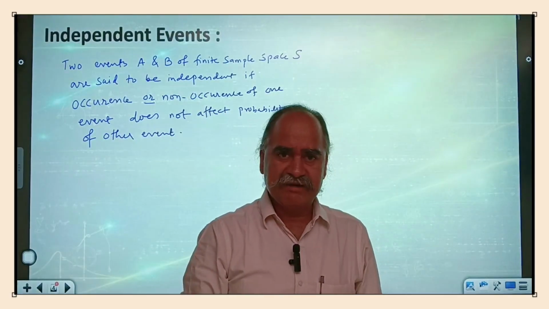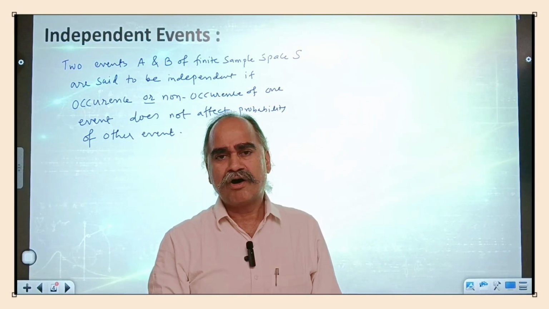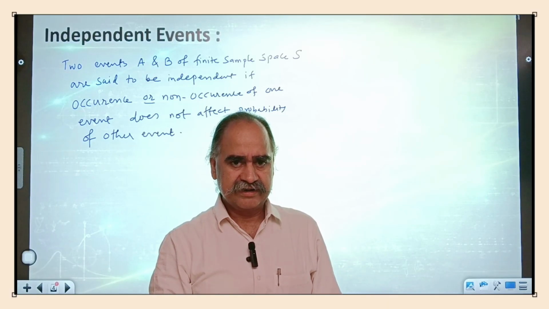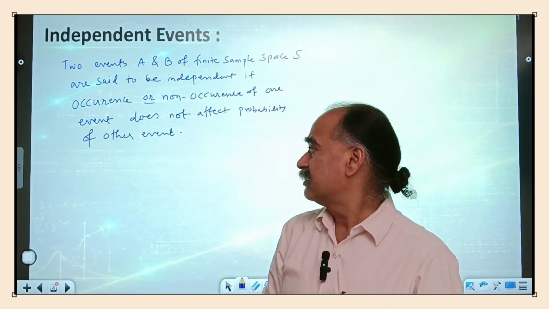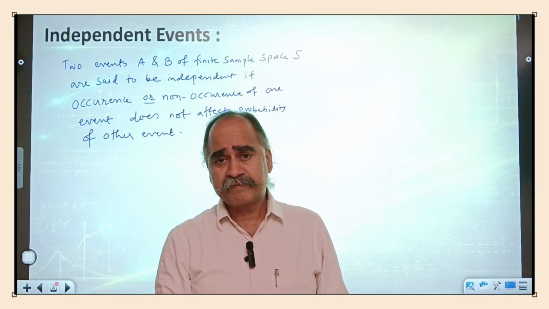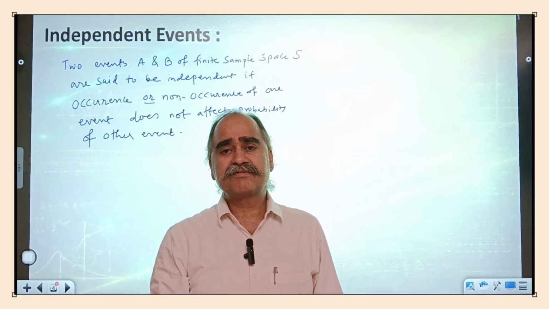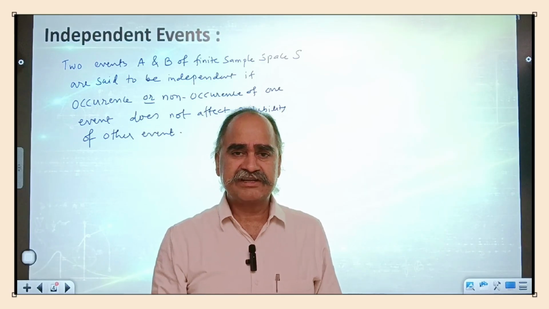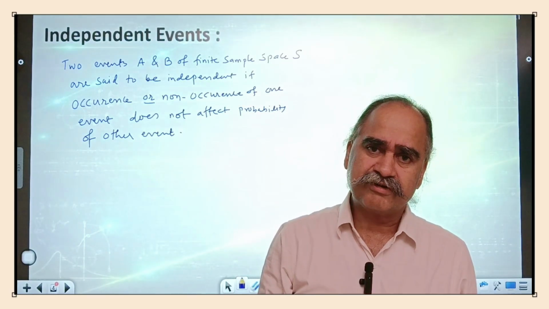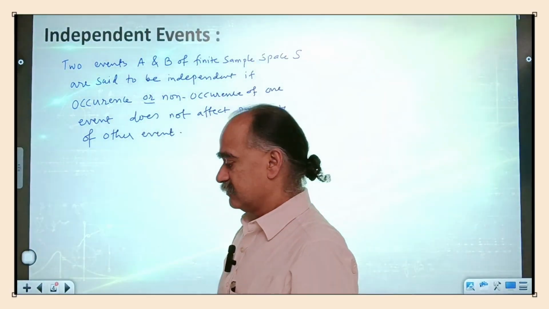Out of the two events A and B, whether one event is occurring or not occurring, that will not affect probability of other event. Then we say that A and B are independent events. It is just like whether a particular student is present or not, teacher's teaching is unaffected. Then teacher's teaching is independent of presence or absence of any particular student. So exactly same way this.